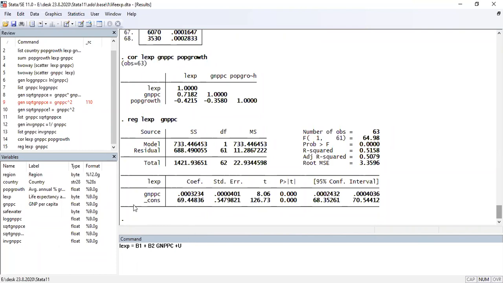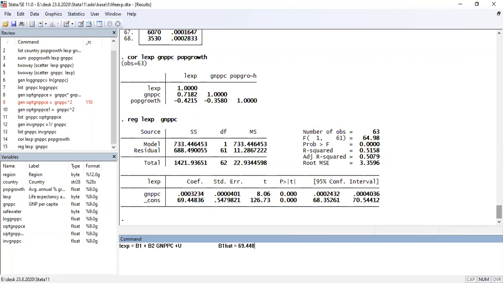So from this result, at least we know two things. One, beta 1 hat equals what? Tell me. The constant, 69.4483.